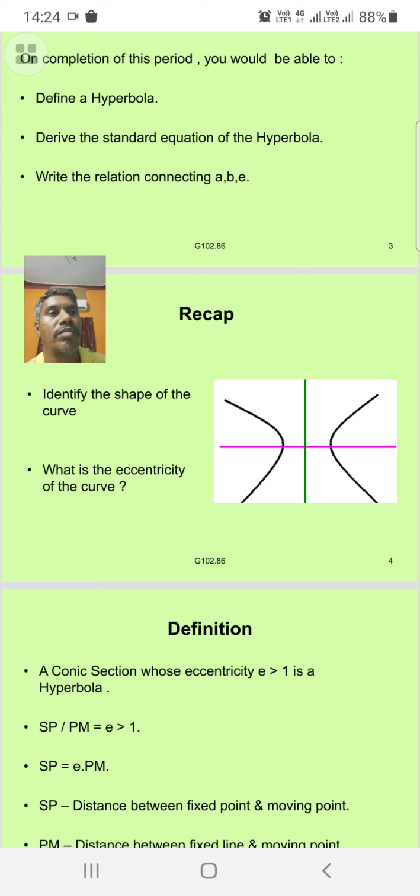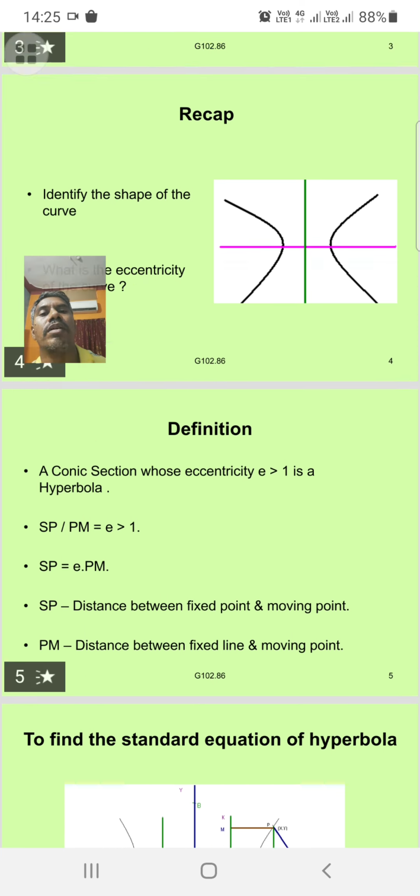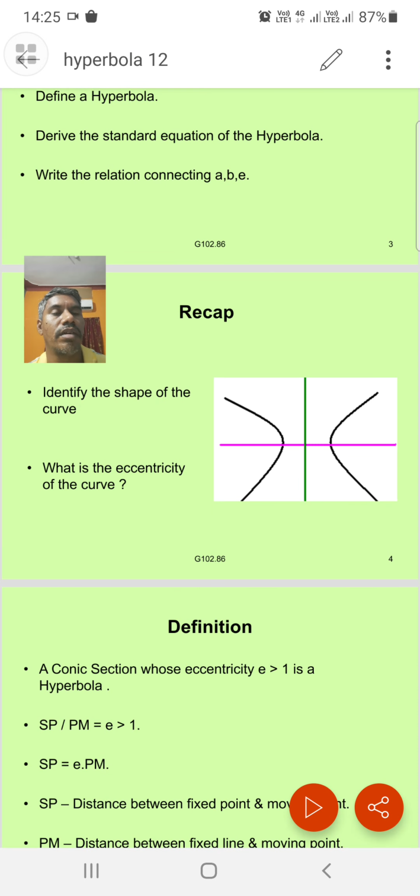So this is a common formula for the three chapters. Every chapter contains some common problems on this. So you have to remember this formula: when focus, directrix and eccentricity are given, the formula is the same. It is useful, simple and common for the three chapters.